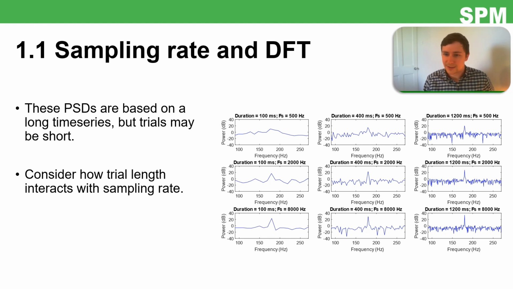Even as you increase the sampling rate to well above the Nyquist rate, 2000 Hertz in this case, we can see a bit of a peak, but you wouldn't want to rely on it too much because some noise might exceed that. And really, it only becomes the case once you have a lot more samples, in this case 1.2 seconds and 8000 Hertz, that you can start to get a good estimate of that peak. So just think about that if it's going to be relevant to your work.